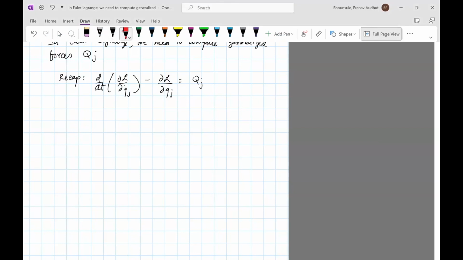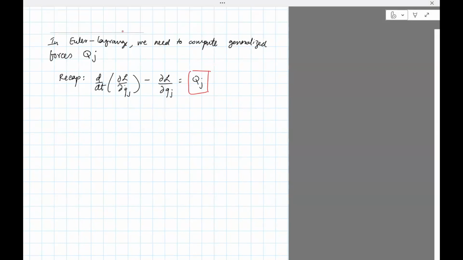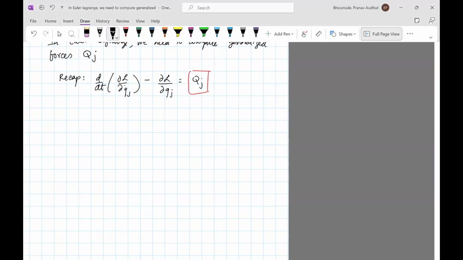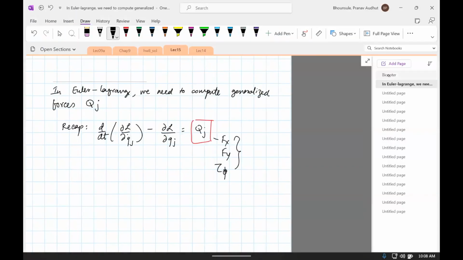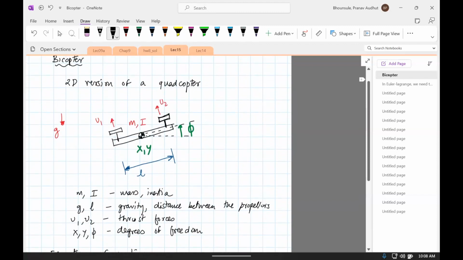So this is the generalized force, and we need a force in the x direction, we need the force in the y direction, and we need the torque in the phi direction. So those three forces, those two linear forces and one torque, are the ones which we need, and those come because of u1 and u2.